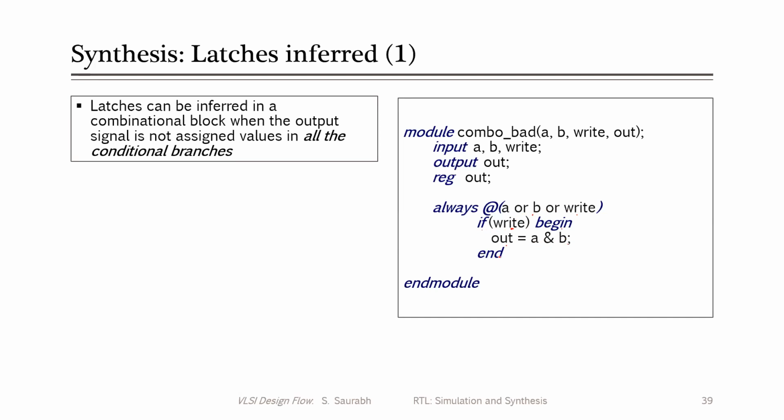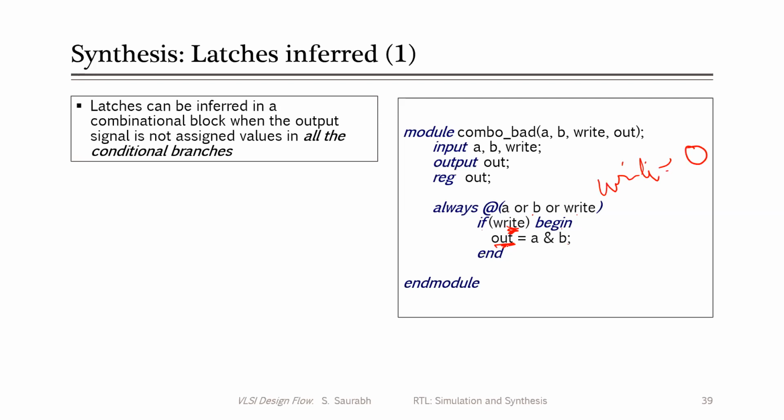So in this case, you can see that if write is equal to 1, then something is written to out, right? And if write is equal to 0, then the old value of out is retained, right? And therefore, this is a kind of a latching action.